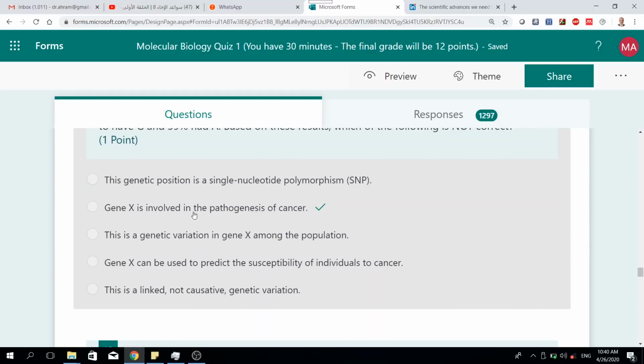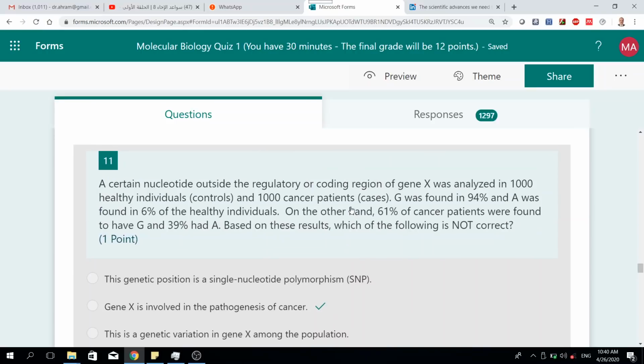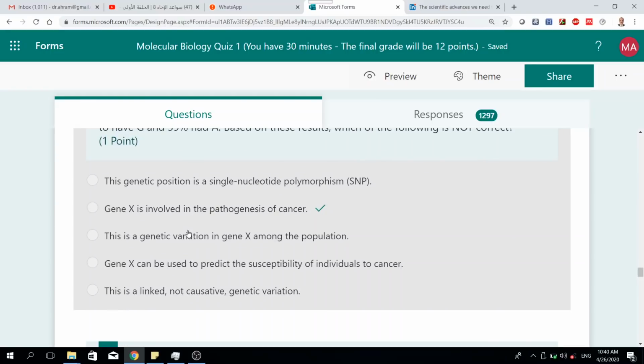Gene X is involved in the pathogenesis. Well, yes, because you look at the numbers in here. A exists a lot more in cancer patients versus healthy controls. So it seems to be associated. Okay. Is it involved in pathogenesis? Well, we don't know that.